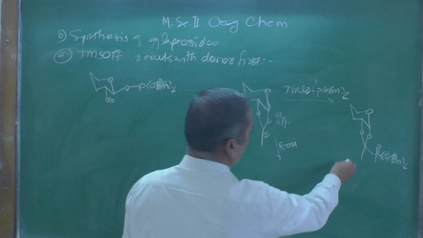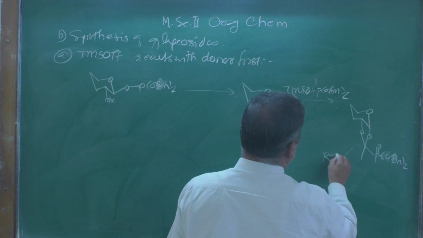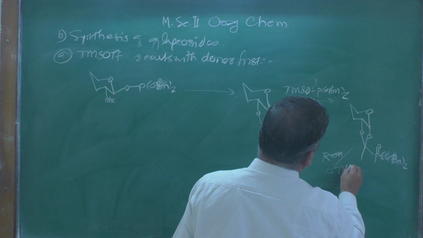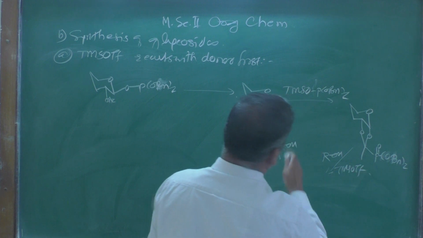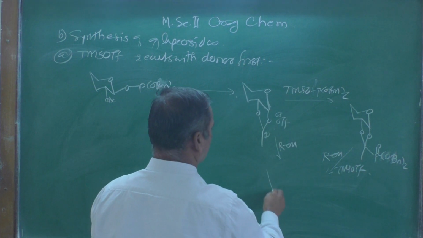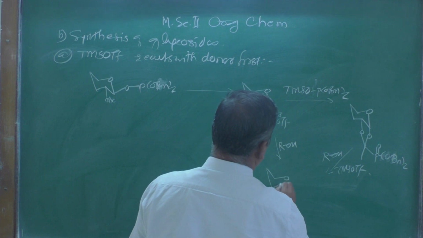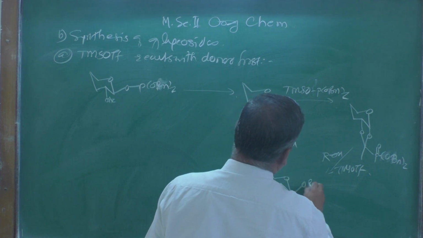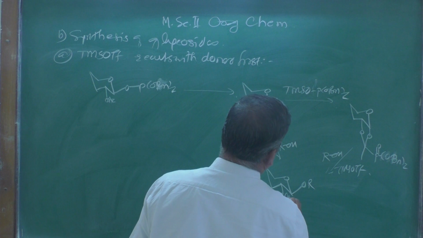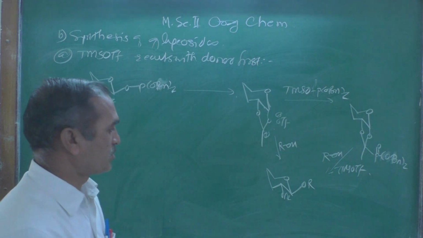and here also further treated with ROH in presence of TMSOTf, both are producing the same structure OR, and here OAc. That is a glycoside.